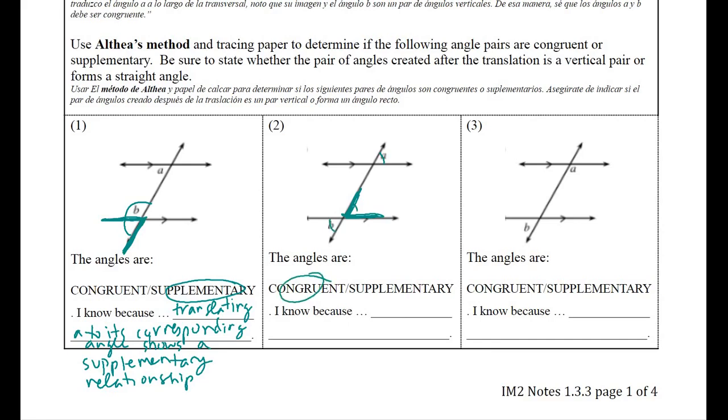I know because the angle corresponding to angle A is vertical to angle B, and vertical angles are congruent.